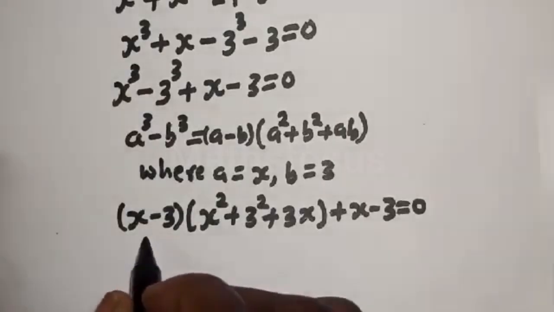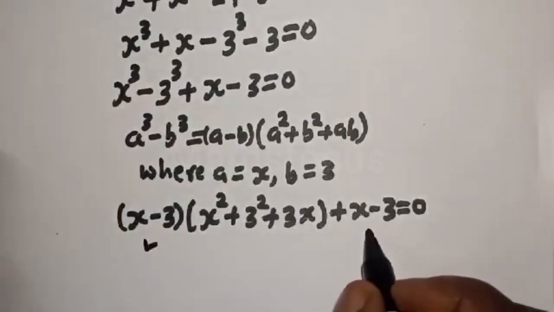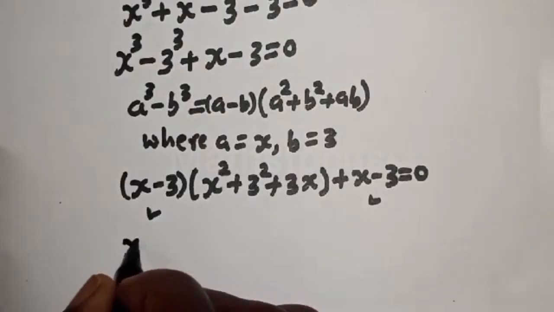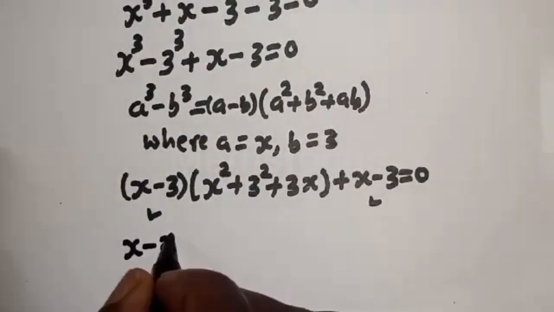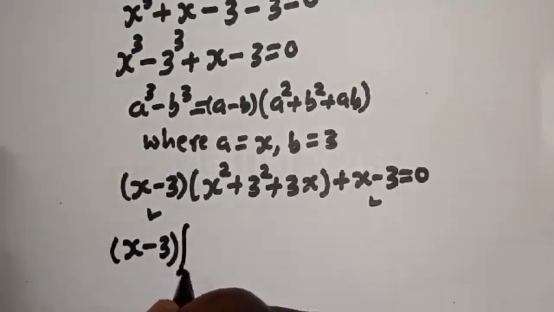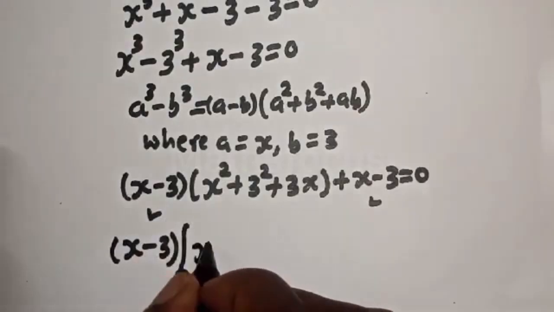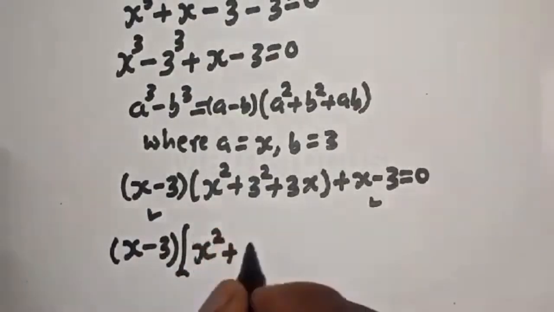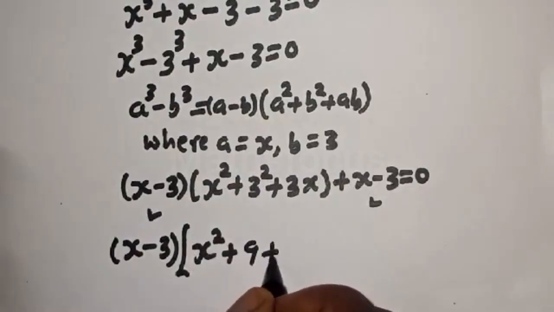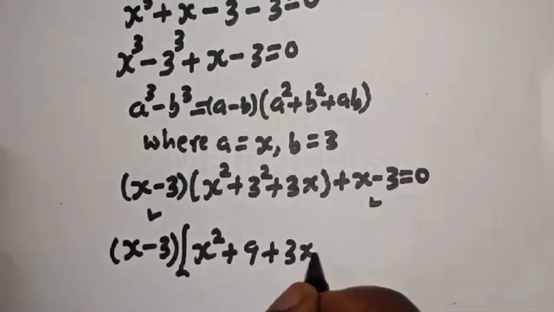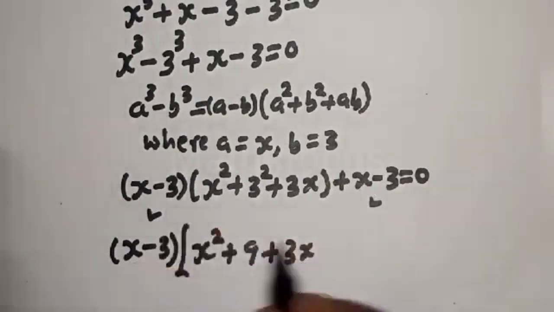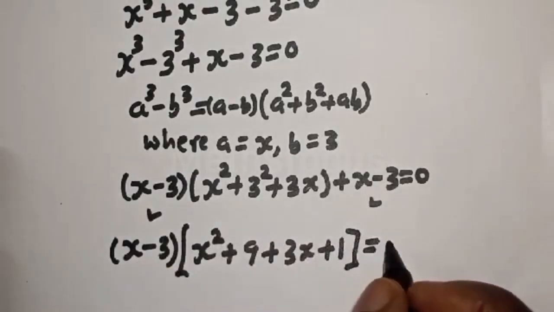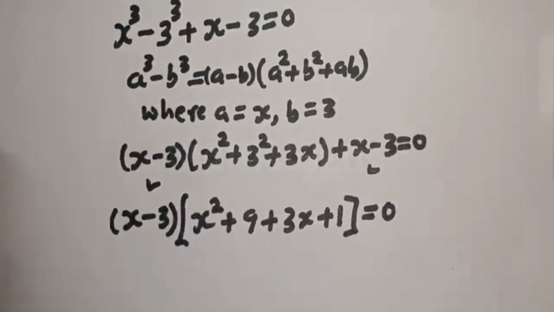Then from here, s minus 3 is common, so let's bring it out. S minus 3 bracket s square plus 3 square, which is 9, plus 3s, and this plus this 1, is equal to 0.